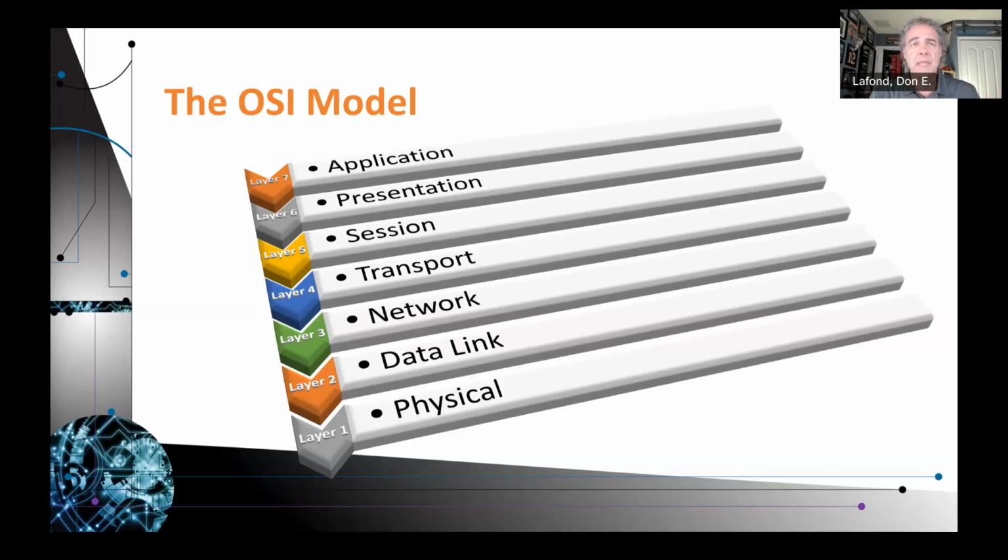Presentation, just like it sounds, is in charge of presenting the data, with JPEGs, MP3s, MP4s, BMPs. How is the data going to be displayed at the application? So application layer, anything that uses the internet and interacts with the web. For example, Paint does not. Even though Paint is an application, it doesn't use the OSI model, because when you mess with Paint on your own computer, it never goes anywhere.